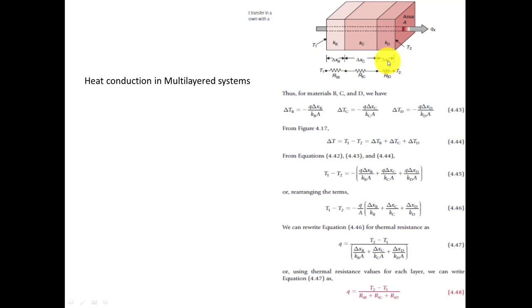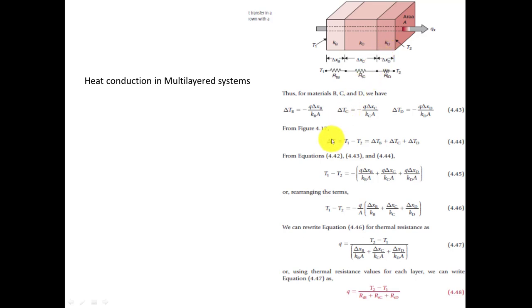To solve this, first of all, we will calculate the values of delta TB, delta TC, and delta TD. Delta TB is the temperature difference that exists in the first layer, delta TC is the temperature difference in the second layer, and delta TD is the temperature difference in the third layer.